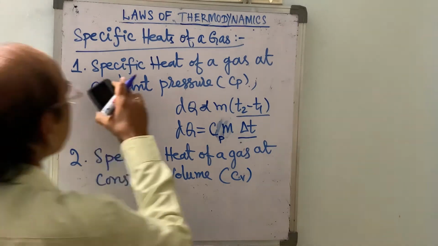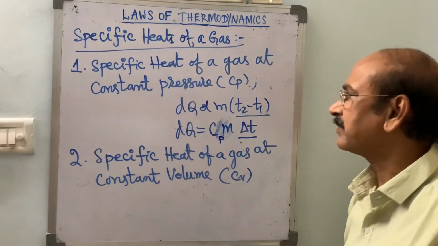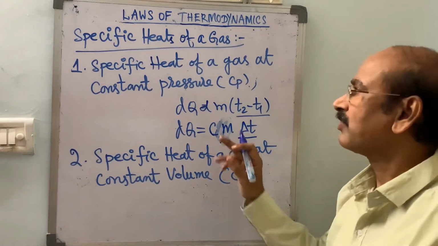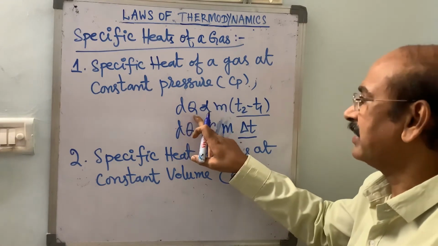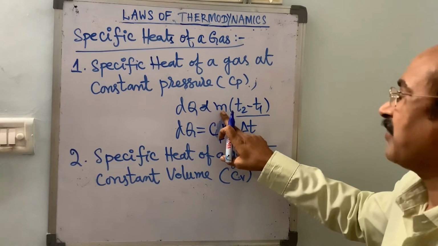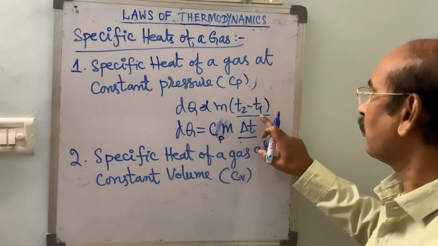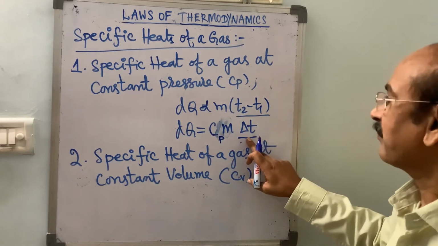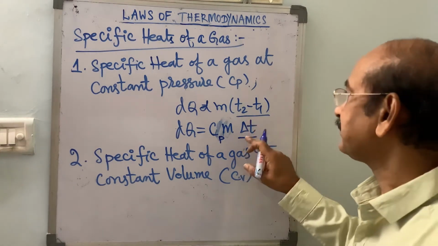Specific heat of a gas at constant pressure is defined as the amount of heat energy required to raise the temperature of a given mass of gas through 1 degree Kelvin or 1 degree centigrade.